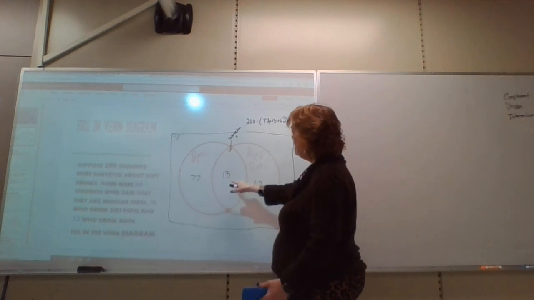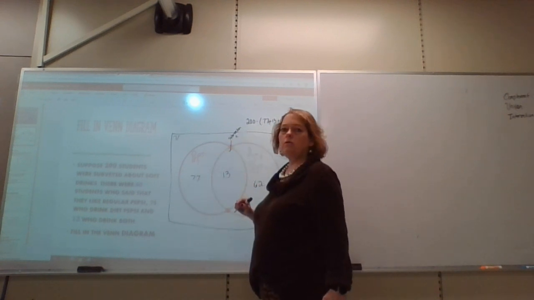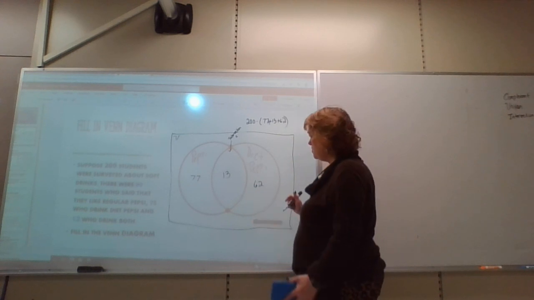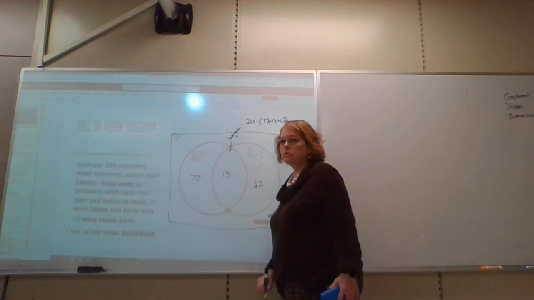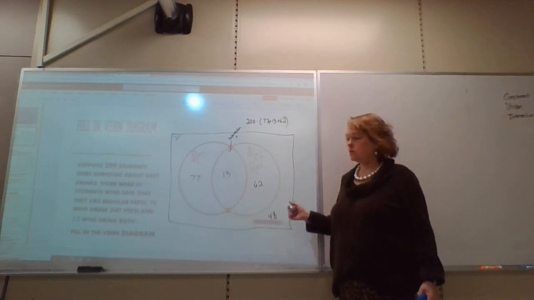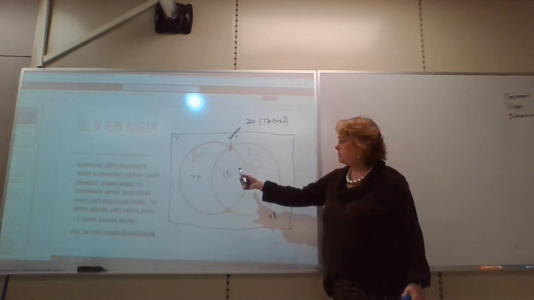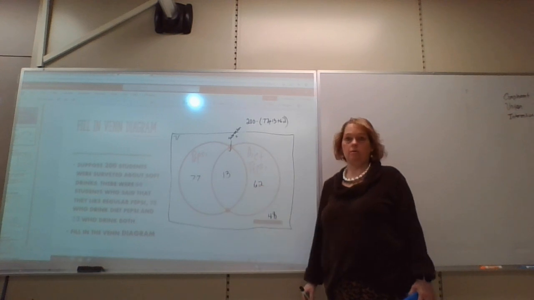Or you can add these, then subtract from the 200, and you put it down here: 48. So there's 48 students who didn't drink Pepsi or Diet Pepsi or both.